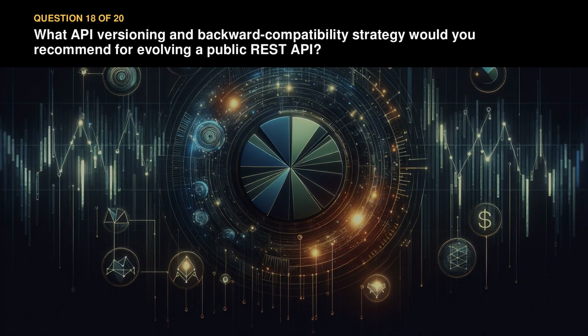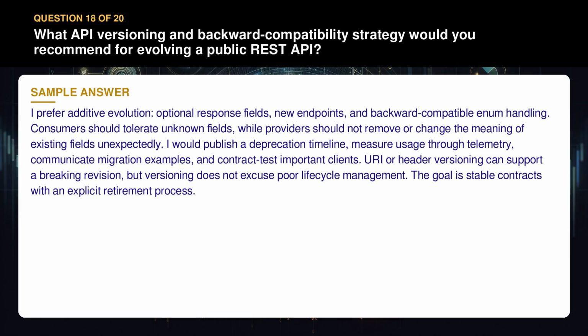Question 18. What API versioning and backward compatibility strategy would you recommend for evolving a public REST API? I prefer additive evolution, optional response fields, new endpoints, and backward-compatible enum handling. Consumers should tolerate unknown fields, while providers should not remove or change the meaning of existing fields unexpectedly.